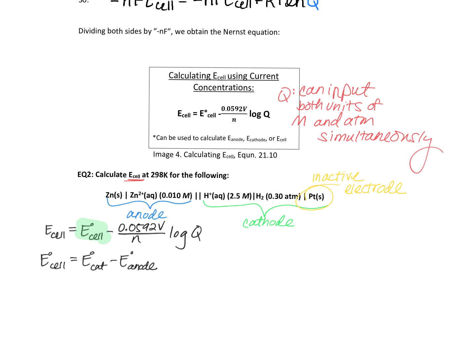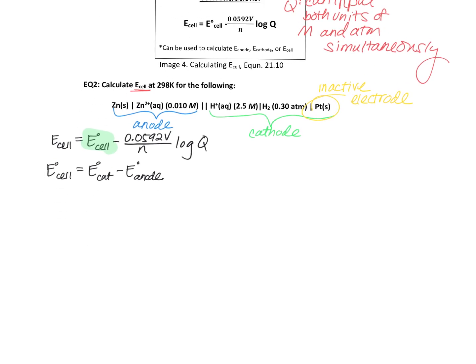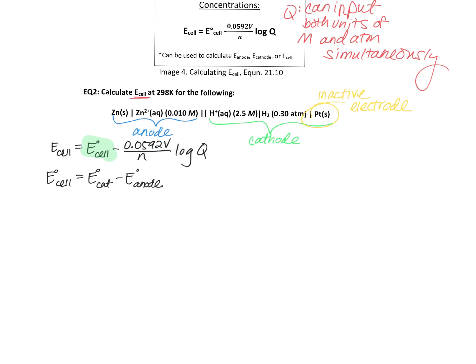So what you want to do is look at your standard electrode potentials for the cathode and for the anode, these two half reactions. If you don't really know what the half reactions are based on what you have in front of you, let's write those out. Let's start with the cathode. It's actually easier if you just find where hydrogen is on the standard reduction potential chart, and then it'll show it for you.